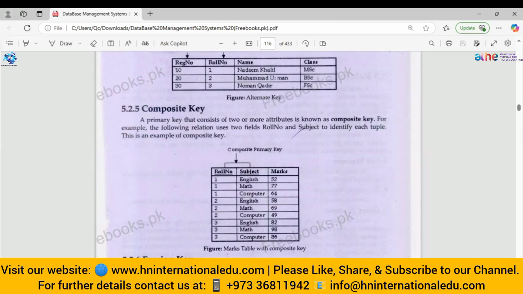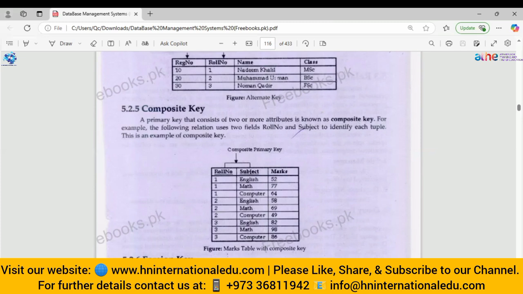So we can say that our roll number here cannot uniquely identify a person. So we have to combine another column so that both together can uniquely identify the complete row.